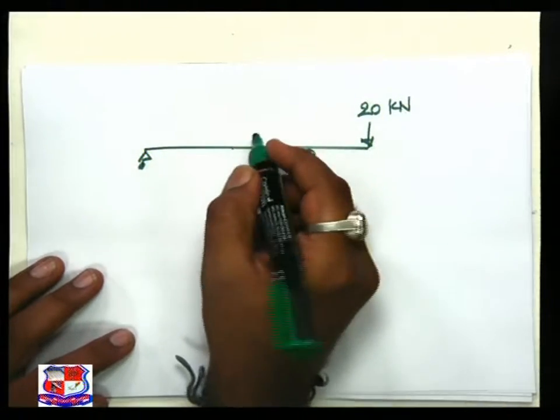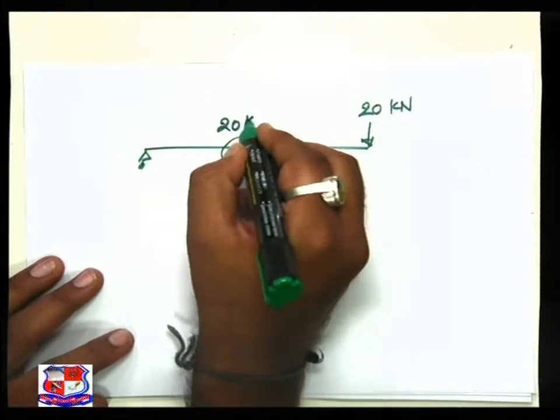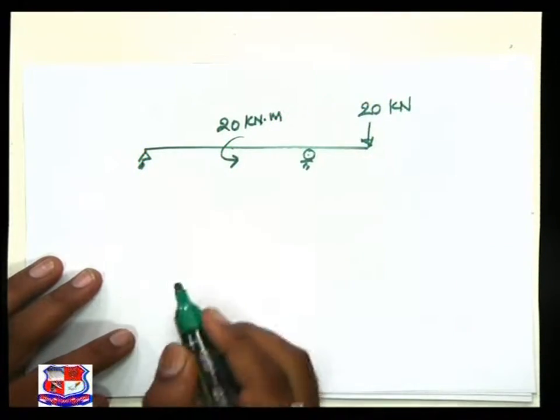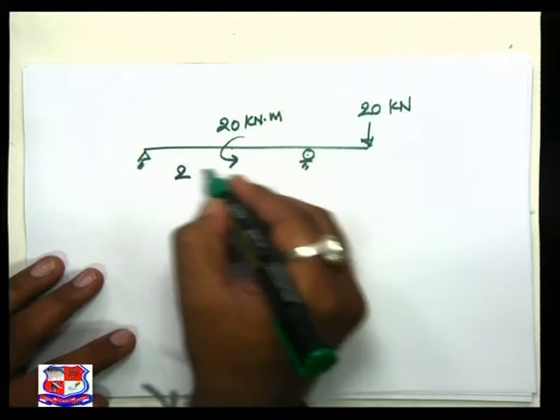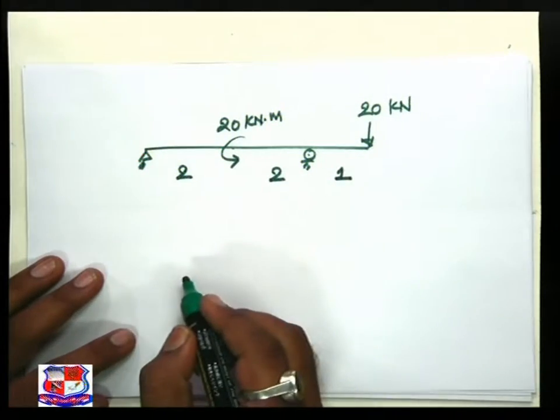This moment which is acting is 20 kilonewton into meter. Distances are 2, 2 and 1.